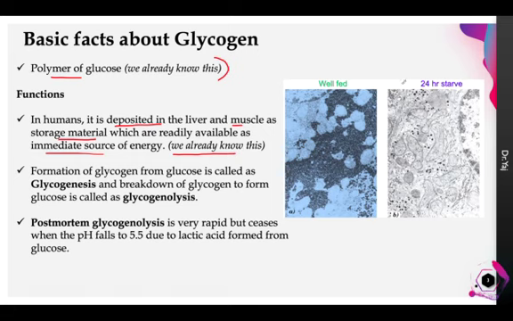Shown here in the slide is the biopsy sample from the liver of a well-fed mouse. And you can see here the hepatocytes show large deposits of glycogen. This part of the slide shows you the biopsy sample from a mouse which has been starved for a period of 24 hours.